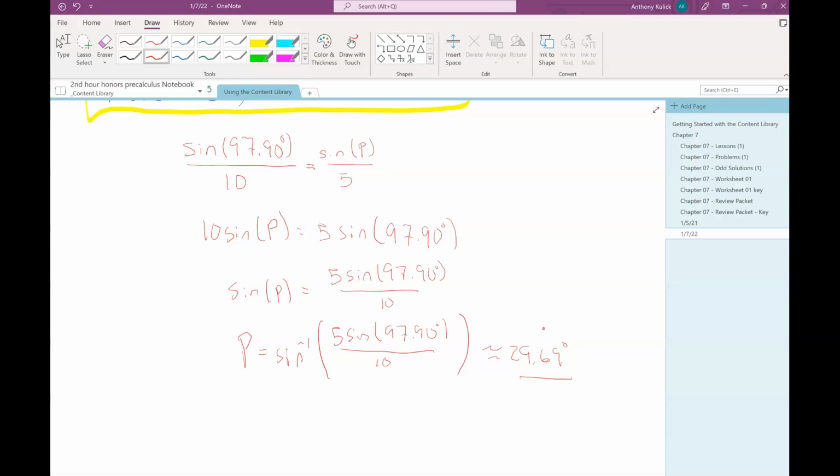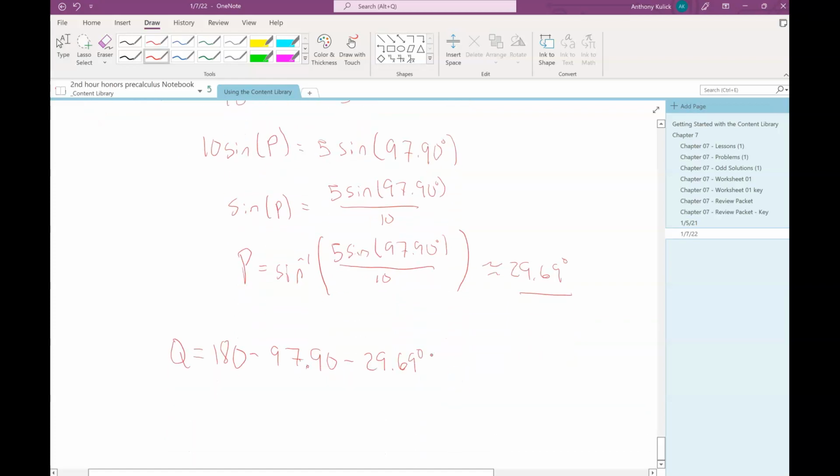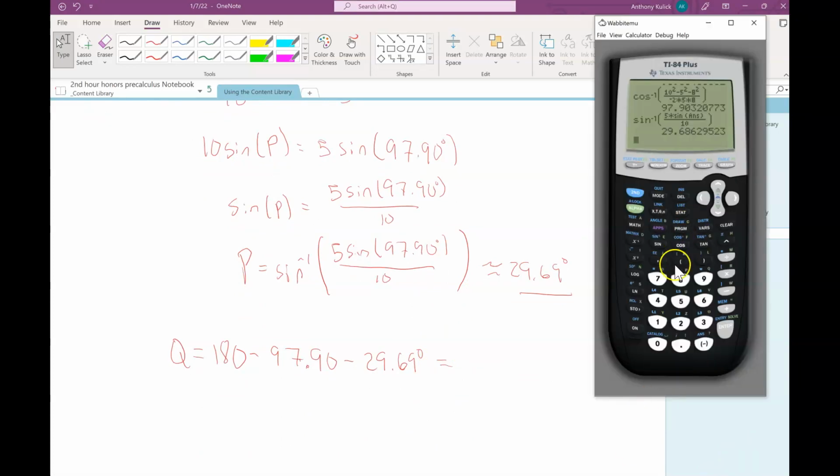And my last step then would be angle Q, but that's really easy because I have the other two angles. So 52.41.